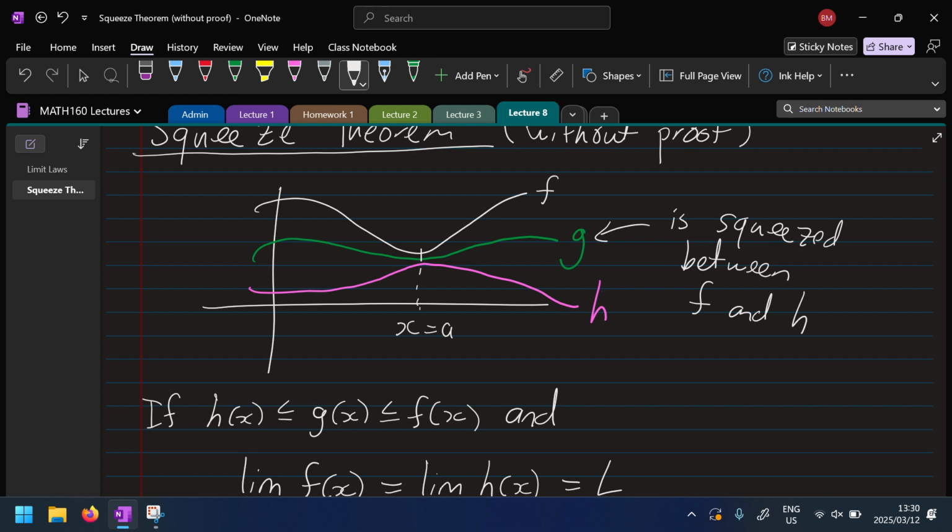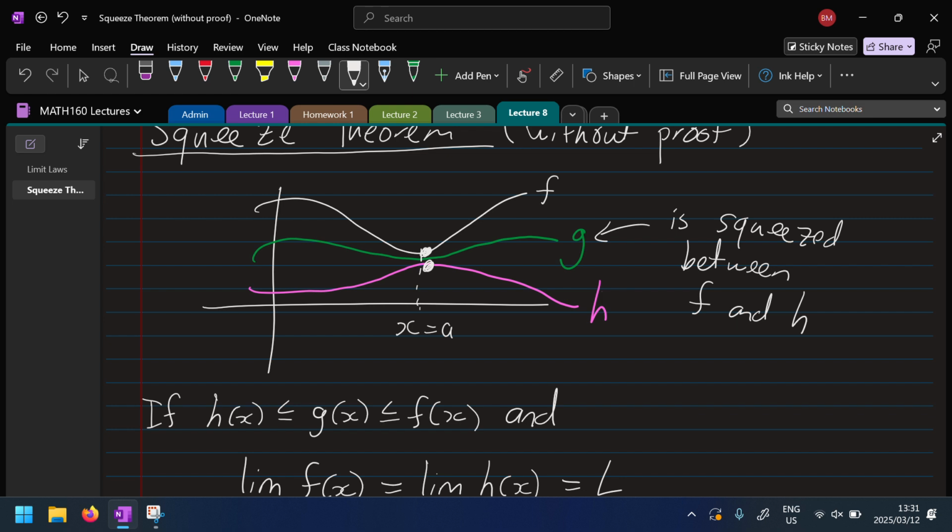If the top function and the bottom function have the same limit value, then f is going to have some limit value, h is going to have the same limit value, so they approach the same point. Think of it like y values. At x equals a, f is going to have some y value, that's going to agree with the h y value. So here, this y value and this y value here. In the limit, they get very, very close together. They squeeze g, and since f and h have the same limit value, g being squeezed between the two will have the same value as well.